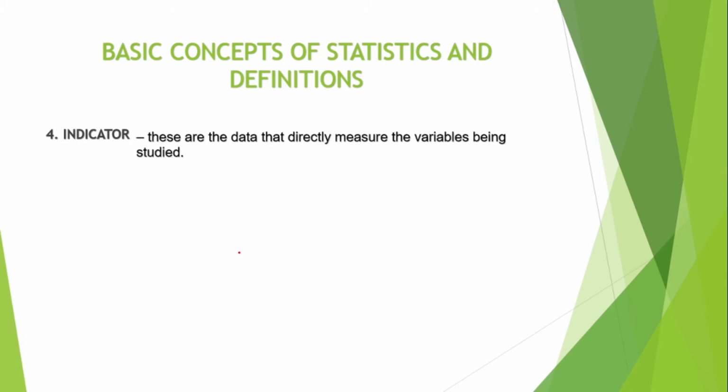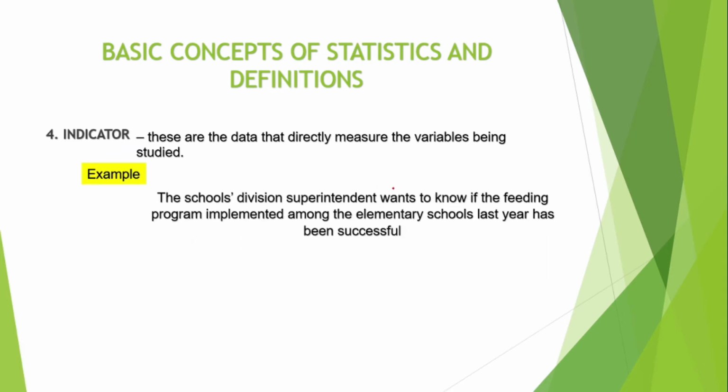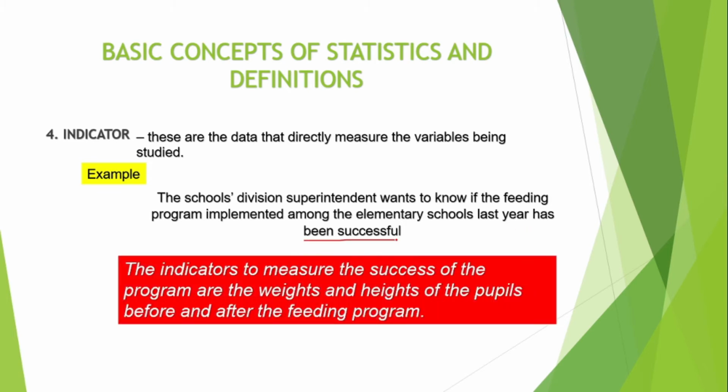Next is the indicator. When we say indicator, these are the data that directly measure the variables being studied. Example, the school division superintendent wants to know if the feeding program implemented among the elementary schools last year has been successful. So the indicators here to measure the success of the program are the weights and heights of the pupils before and after the feeding program.